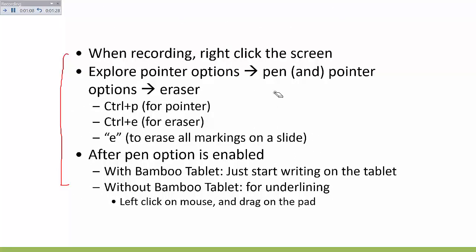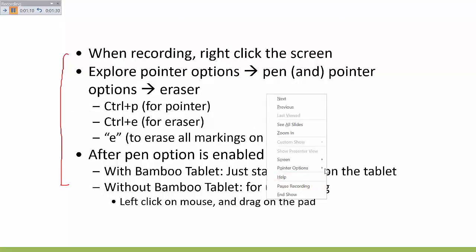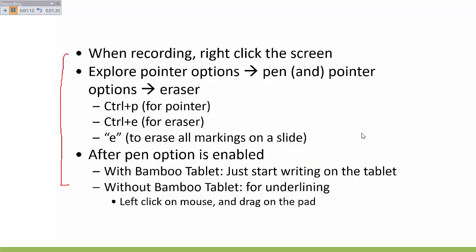There are some keyboard shortcuts to this also. If you don't want to right click, select the pointer option and so on, you can always use these shortcuts. Right now I'm not right clicking, I'm just doing Control P. It changed to pointer. I do Control E. There is nothing to erase, so let me draw something, and now I do Control E. It gave me an eraser to erase it.